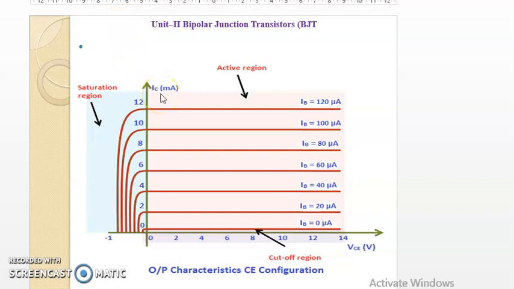That is IC, collector current, in milliamperes. So in input characteristics, along the y-axis we have taken IB and along the x-axis VBE. And in output characteristics, VCE along the x-axis and IC along the y-axis.